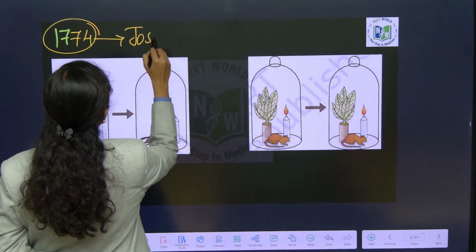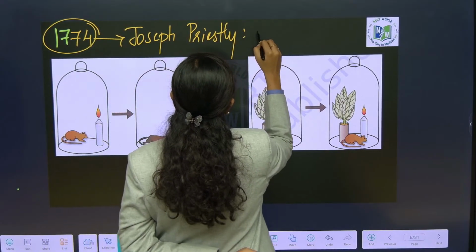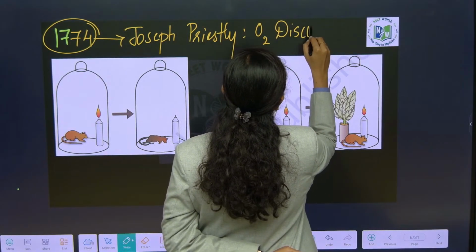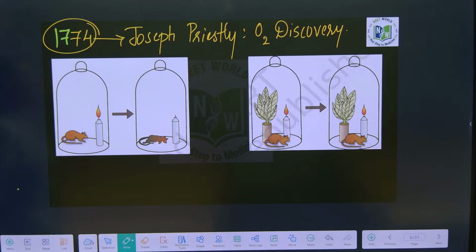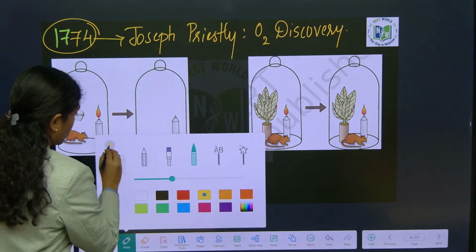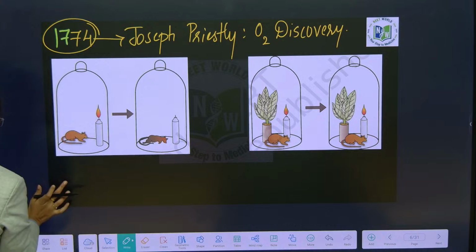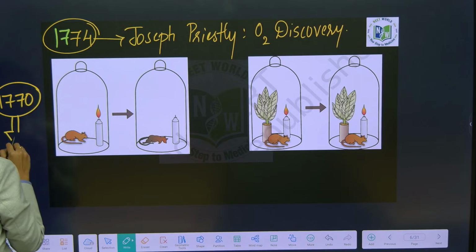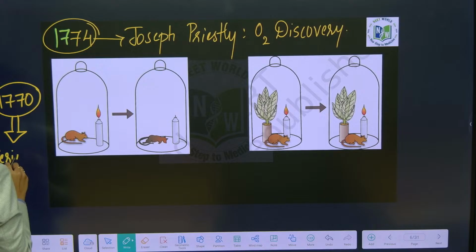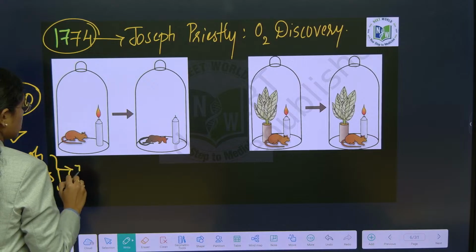His series of experiments, the bell jar experiments, started from 1770.